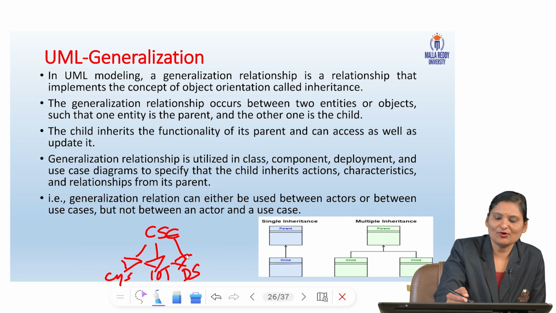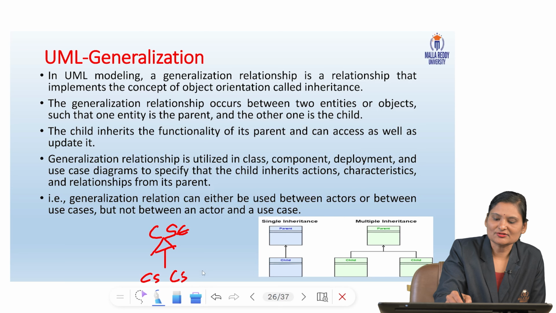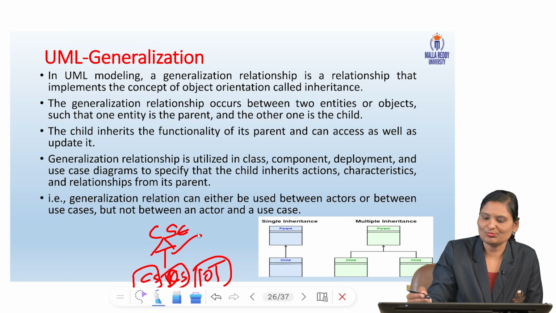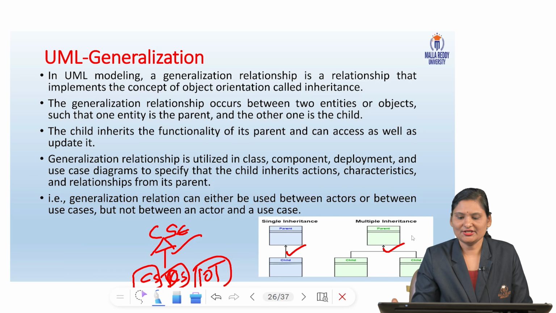In general, if you want to represent it, CSE is the parent class, the generalized class for all the specialized classes. Like this we represent it, and this notation is considered to be generalization.